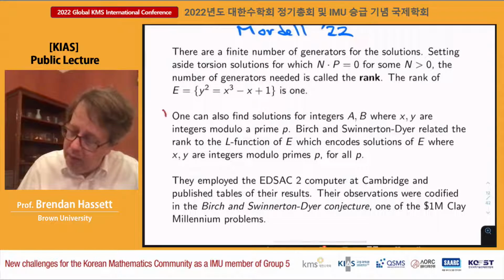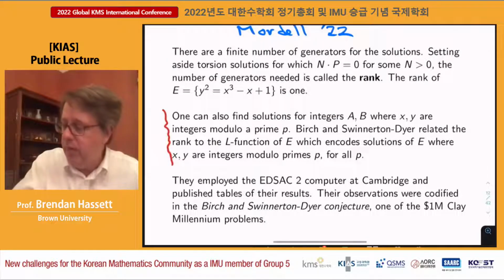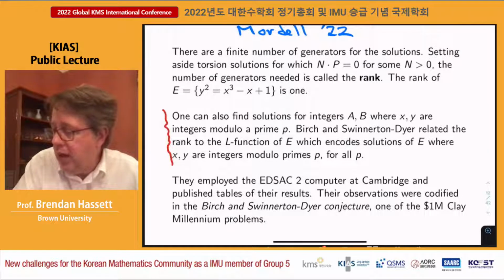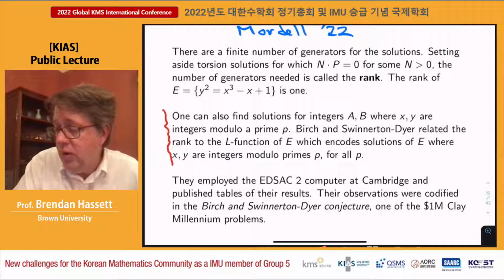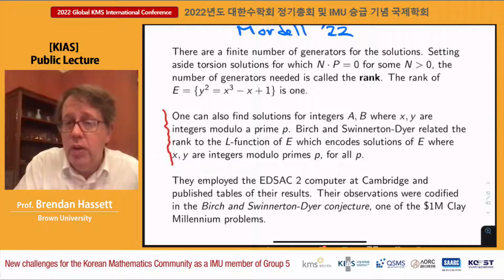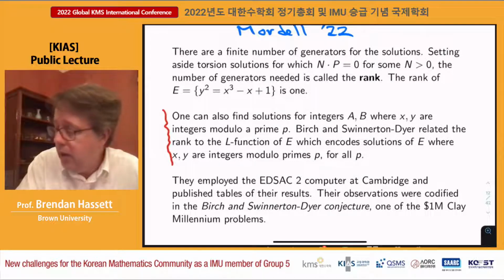But we can also look for solutions where A and B are integers modulo a prime number. So looking at, say, the integers 0 and 1, or 0, 1, and 2, where the prime is equal to 3.